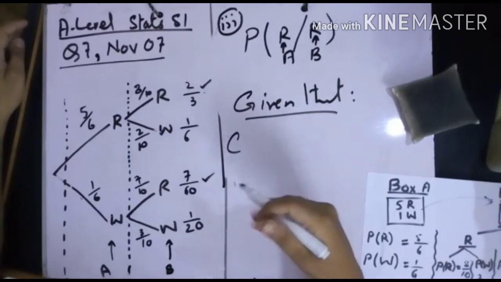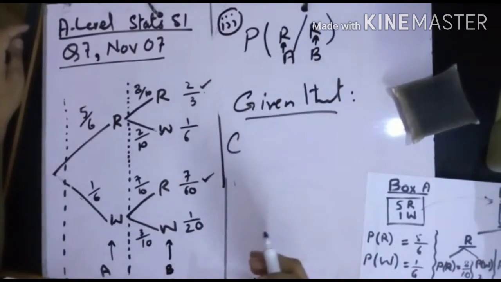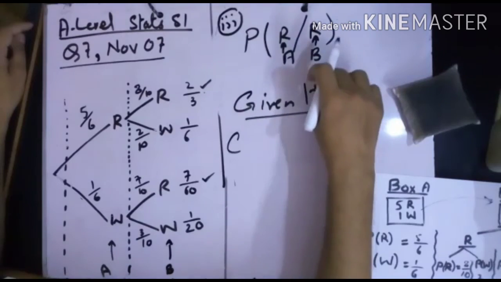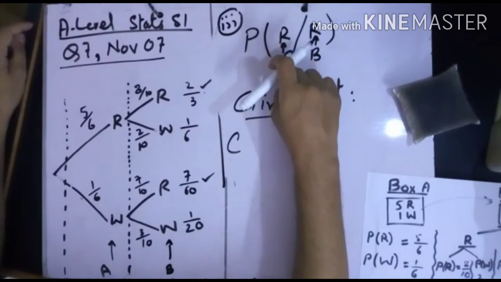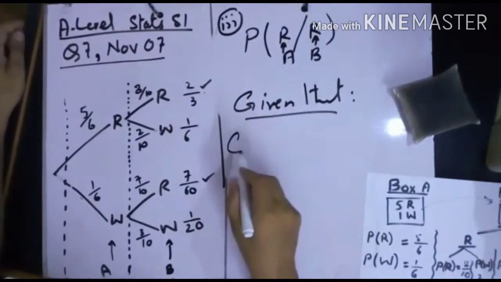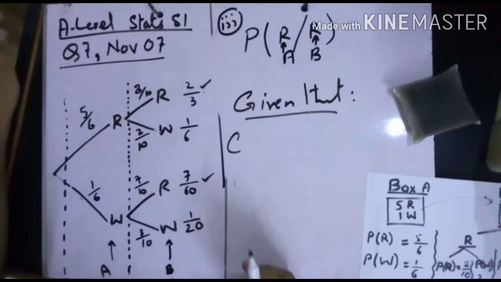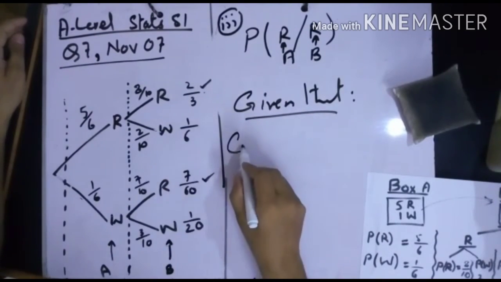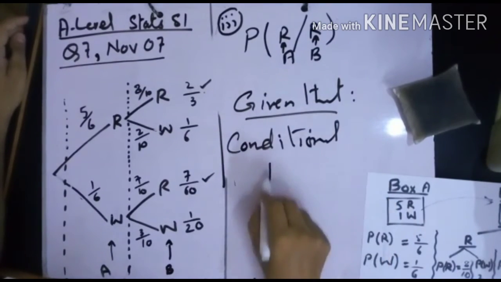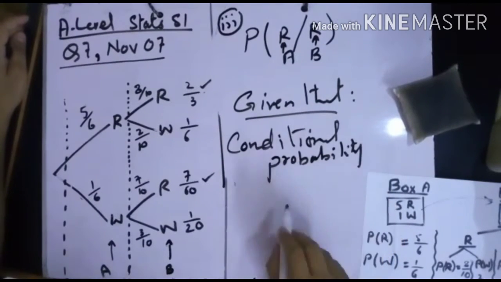When something is previously given, it can affect our probability of getting some event. So whenever the words "given that" appear, we should think about conditional probability.